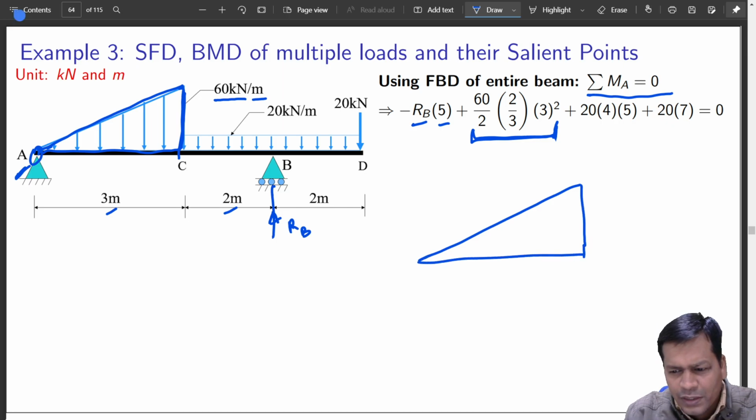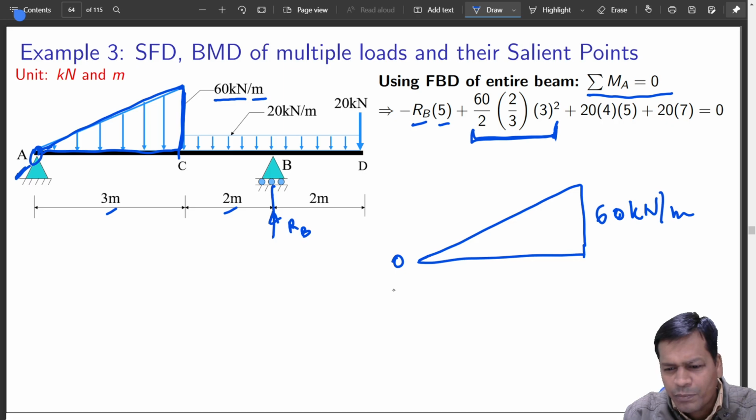So let us say this is 60 kilonewton per meter. For somebody who hasn't understood, this is 0 kilonewton per meter. So overall mean variation, if you see an equivalent load of uniformly distributed load, it should be something around 60 plus 0 by 2.